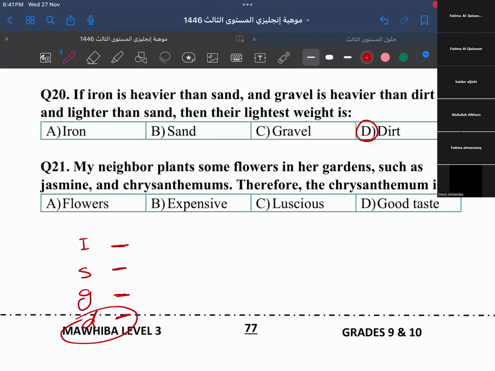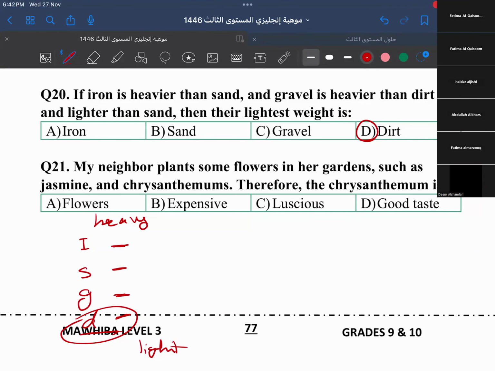So here we're back to the ones that are asking about the order or the sequence. The iron is the heaviest here, and here's the light. So when we arranged them, we got that the dirt is the lightest. Excellent. Okay, question 21.